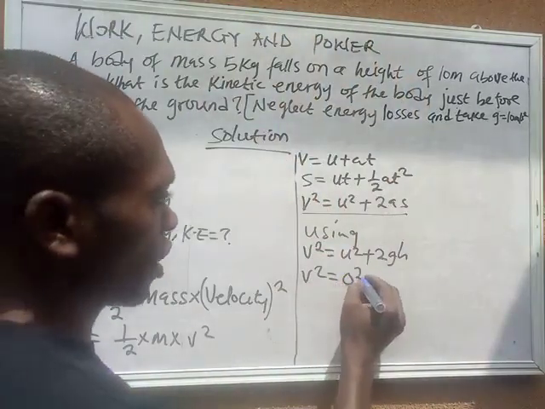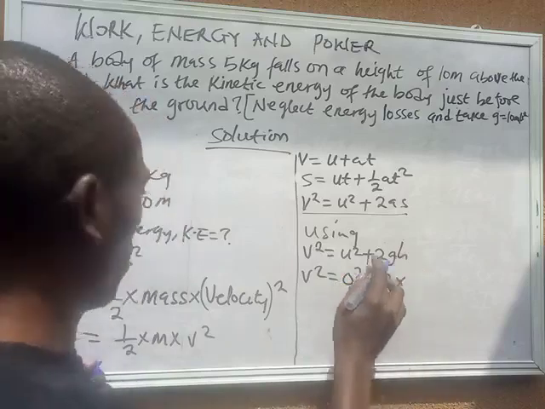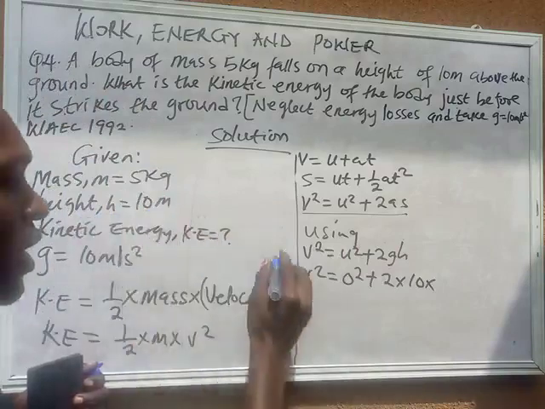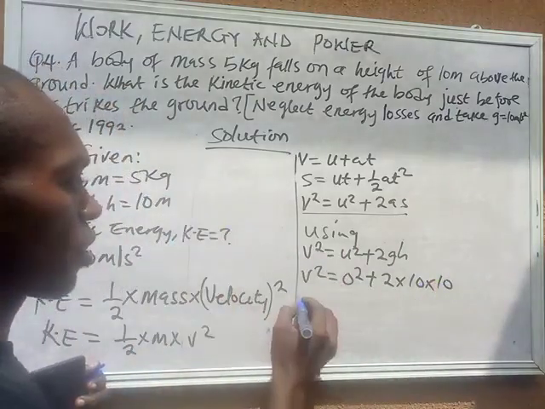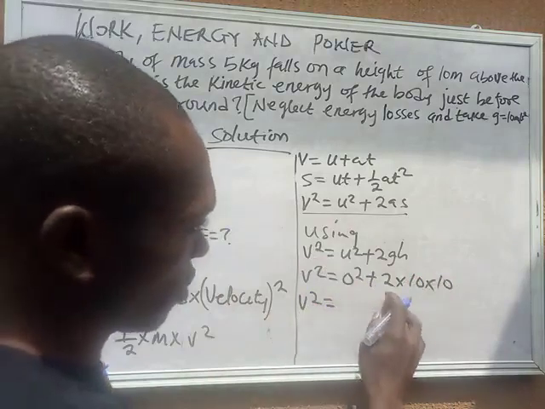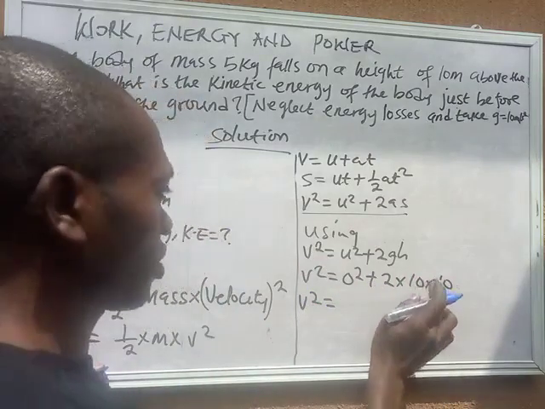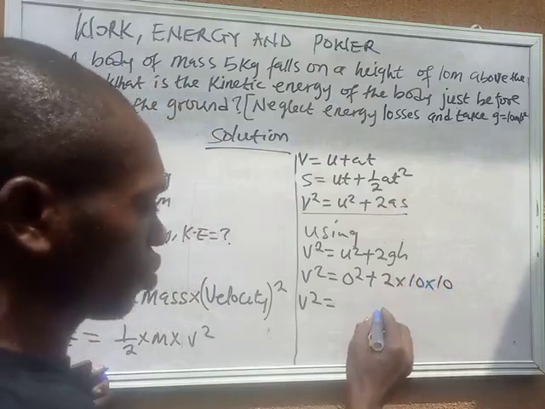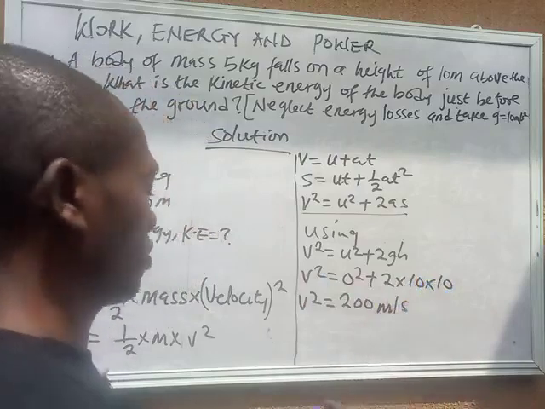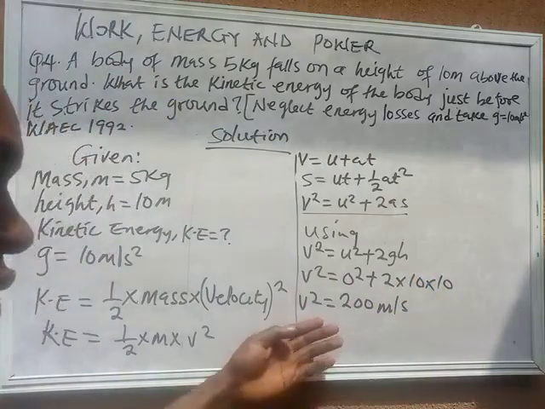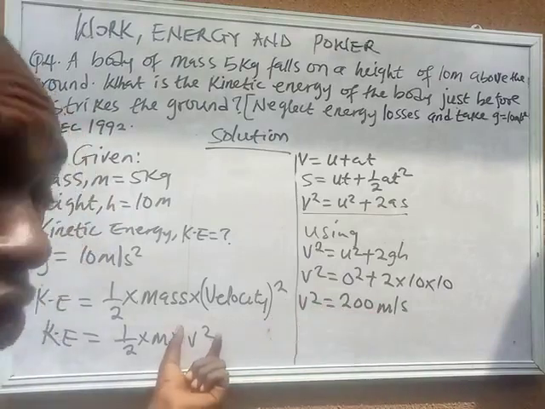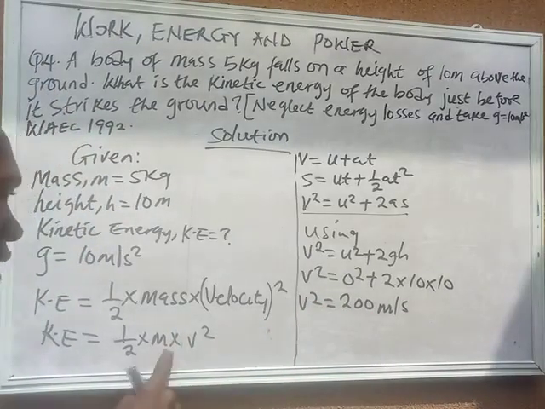So we have u squared plus 2 times g, which is 10, times h, which is 10 meters. So v squared is 0 squared, which doesn't exist anymore, plus 2 times 10 times 10, which is 100. 100 times 2 is 200. So v squared is 200. There's no need to look for the square root of this number, because what we're looking for is v squared. So we'll come back here, putting it here.